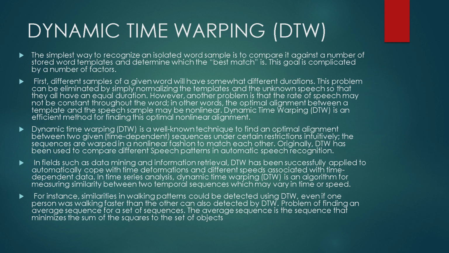For instance, similarities in walking patterns can be detected using DTW, even if one person was walking faster than the other. Another problem is finding an average sequence for a set of sequences. If we have a big set of sequences, the average could be found using DTW. The average sequence is the sequence that minimizes the sum of squares to the set of objects.